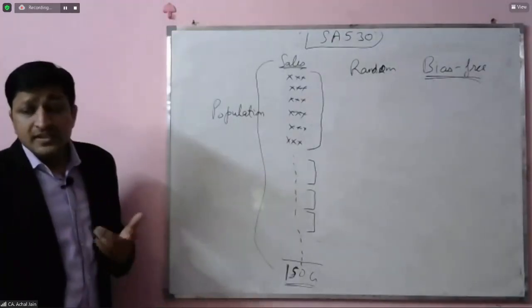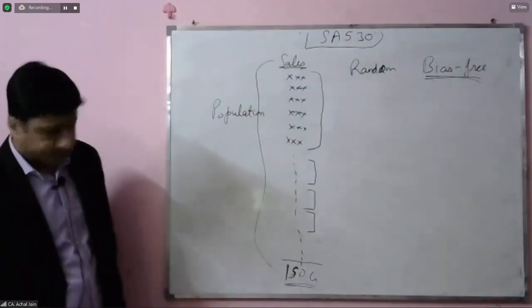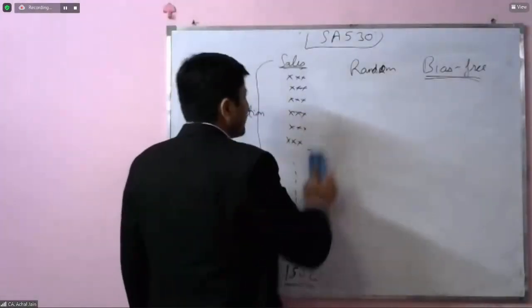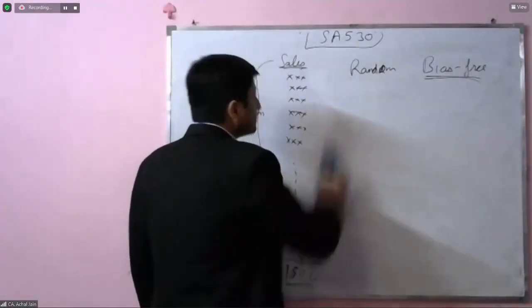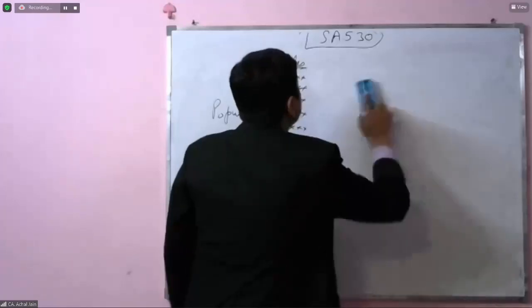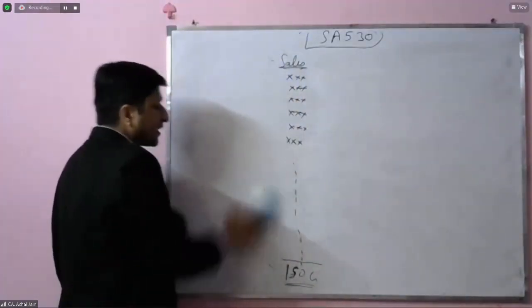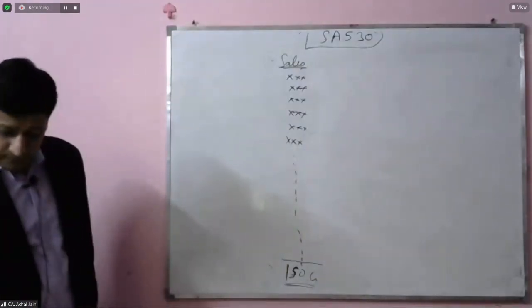Now, as around these sampling techniques, some of the ways through which samples are picked up are not really limited to this random picking up of any of the items.